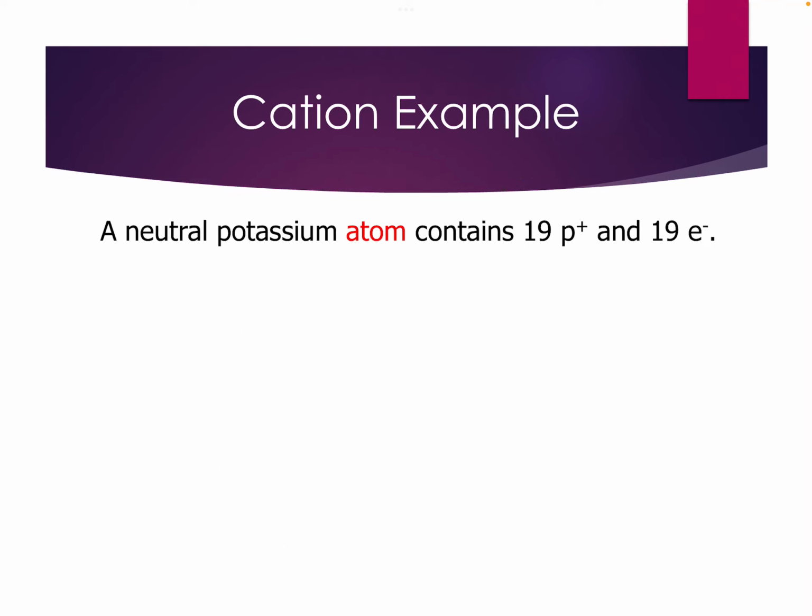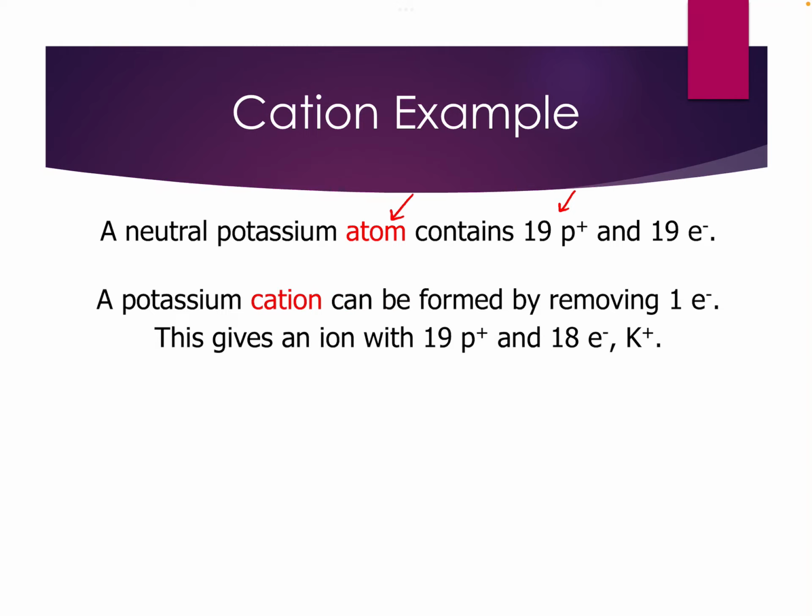All right, so let's look at an example. If we have a neutral potassium atom, so remember, atom tells us it's neutral, that means it has 19 protons and 19 electrons. The way we know it has 19 protons is because potassium is atomic number 19. If you have your periodic table next to you, look at potassium, it's atomic number 19, so it has 19 protons, and if it's neutral, it also has 19 electrons.